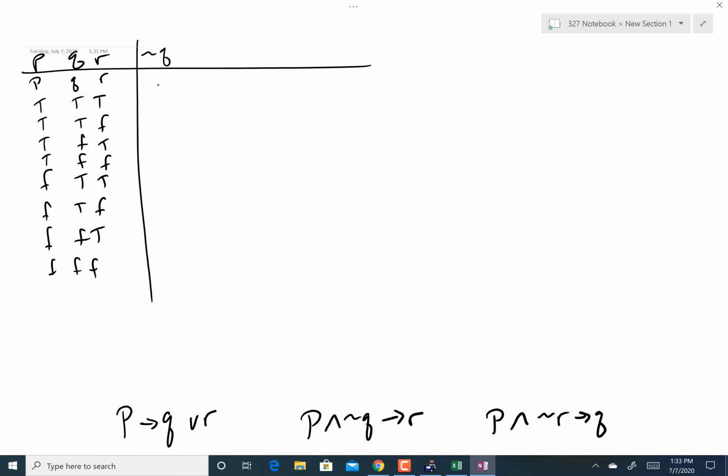Not Q. Oh, didn't need that, did I? Not Q is false, false, true, true, false, false, true, true, false, true, false, true, false, true, false, true. Okay. Then, is there anything else I need? I think that's all I needed. So then, remember, what is the order of operations?